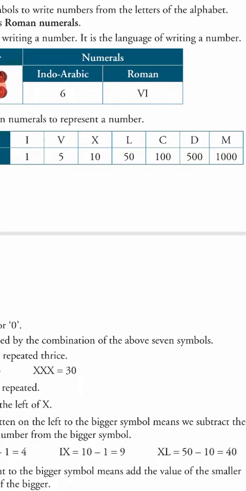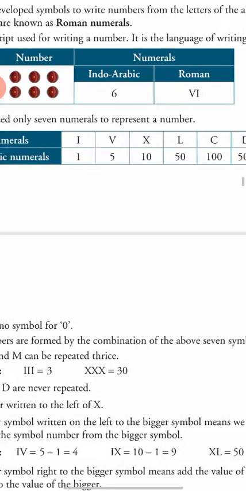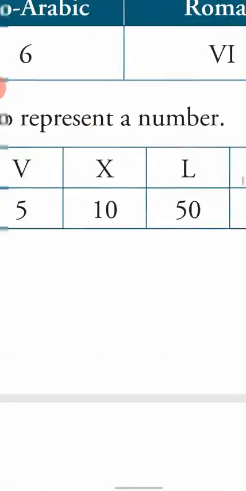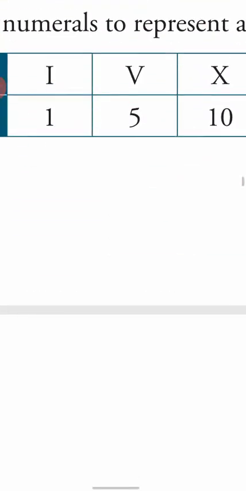Means while writing Roman numerals, we will not write 1, 5, 10, 50, 100, 500 or 1000. We will represent these Indo-Arabic numerals with the help of these 7 alphabets.